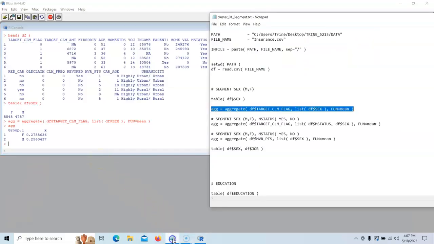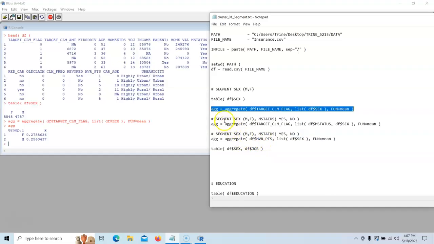So what else could we learn? Well, a lot of times the conventional wisdom is it's not that men are more risky than women, it's single men, because young single males, teenage boys, tend to drive a lot crazier. So let's try to do that.